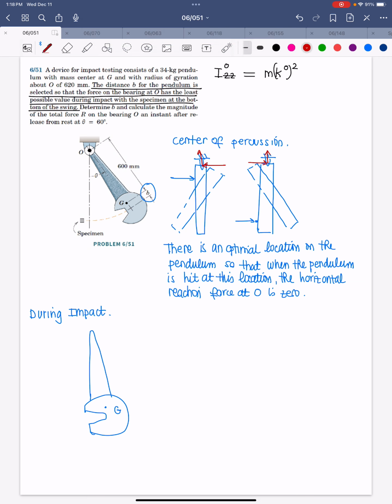Now for the forces, I have a reaction force at O. We said the horizontal component of that is 0 because we're selecting B that way, so the reaction force at O is vertical. The weight is like this, and we have a horizontal impact force.